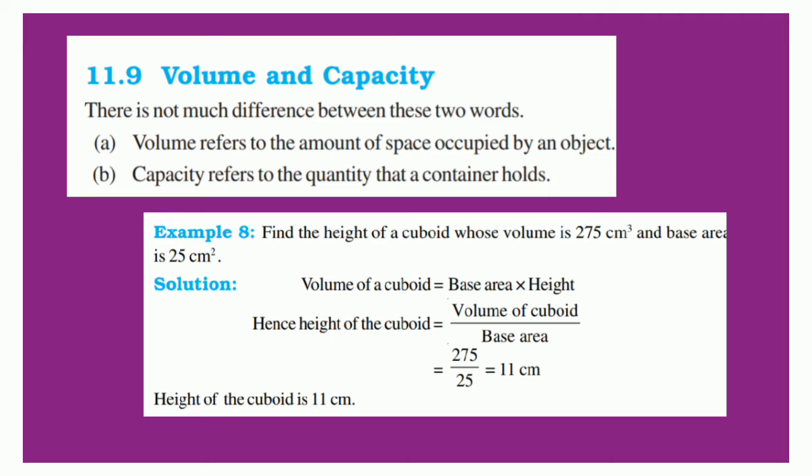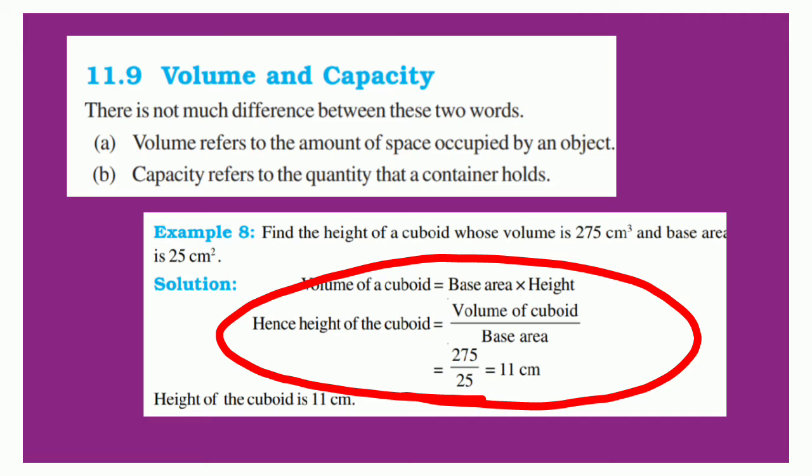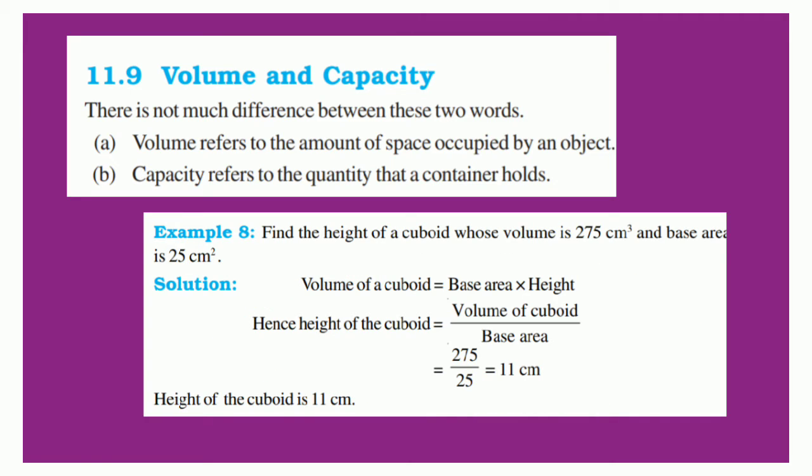So how to find the height of the cuboid here? Height of the cuboid is equal to volume of cuboid divided by base area. That's equal to 275 divided by 25, which is equal to 11 centimeter. So the height of the cuboid is 11 centimeter.